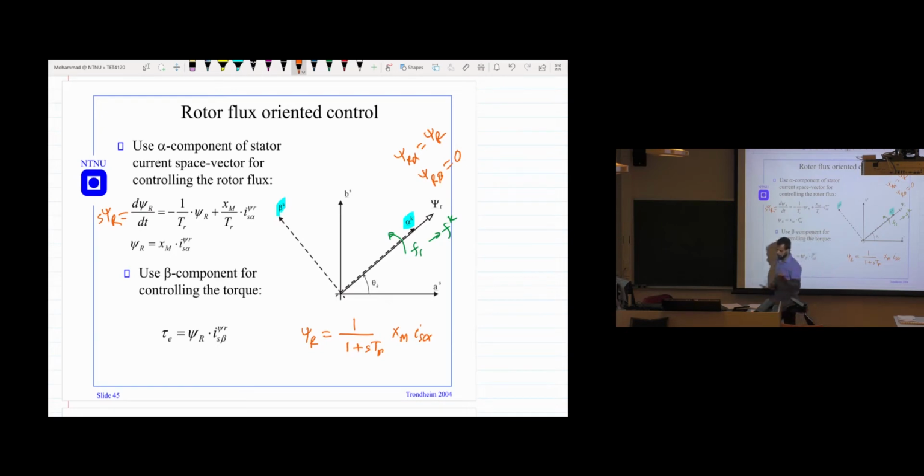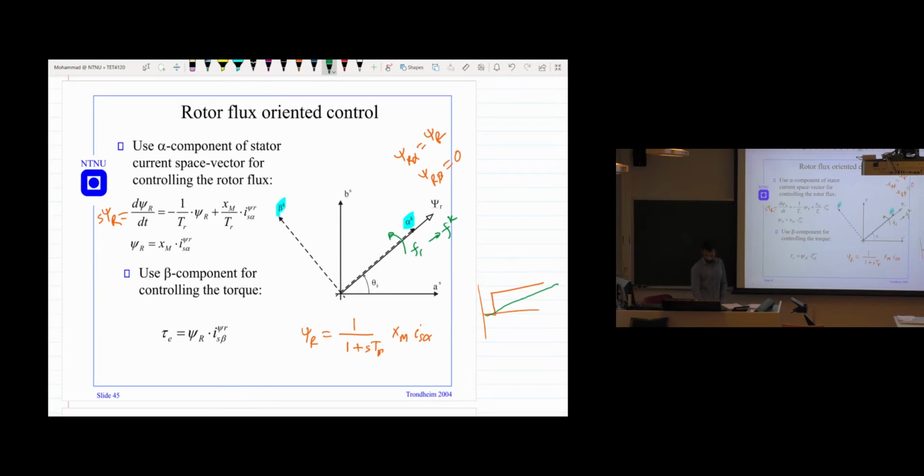Like you can change the current in the current controller very instantly, like at this point, you change. It's a steep change since you can have a very fast current controller. But if you look at the flux change, it will be very slow because of this large time constant. So that is the dynamic behavior that we see.